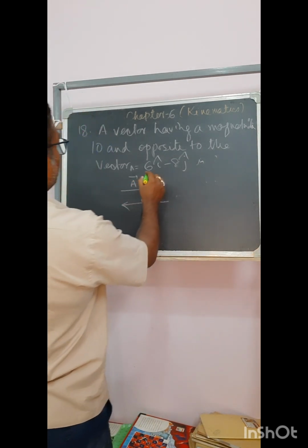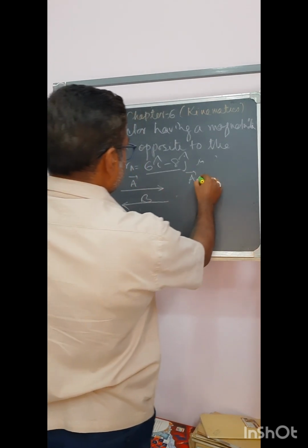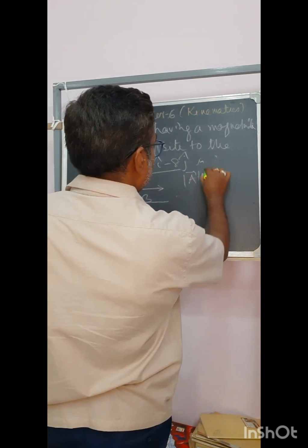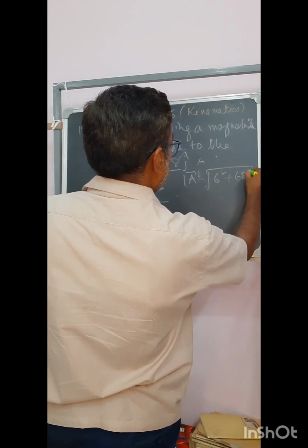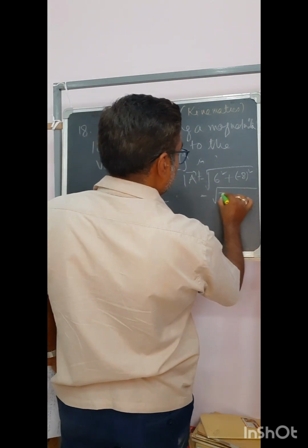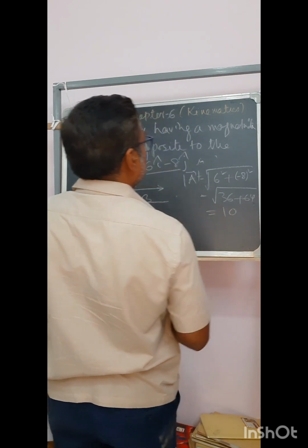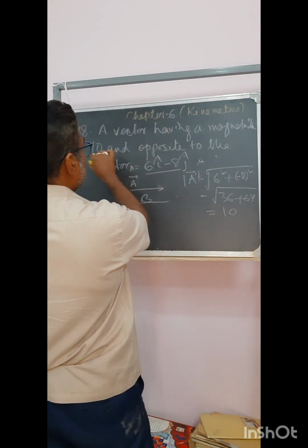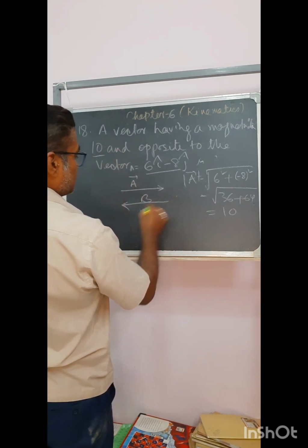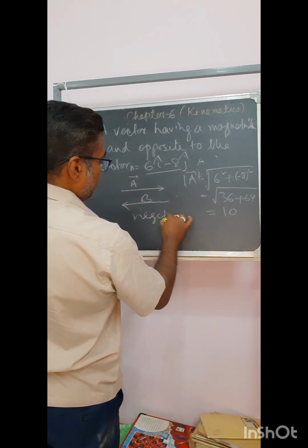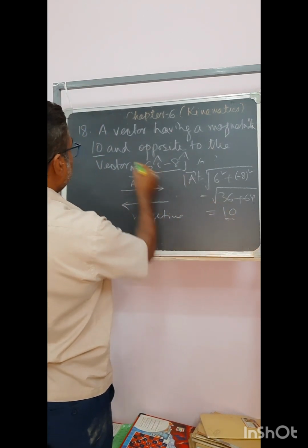Now see, what is the magnitude of this? If I assume this is the magnitude, this will be under root of 6 squared plus minus 8 squared. That is under root of 36 plus 64, so I am getting 10. Now the opposite vector also has magnitude 10. So in this case, the opposite vector is nothing but the negative vector, because magnitude wise the vectors are the same.